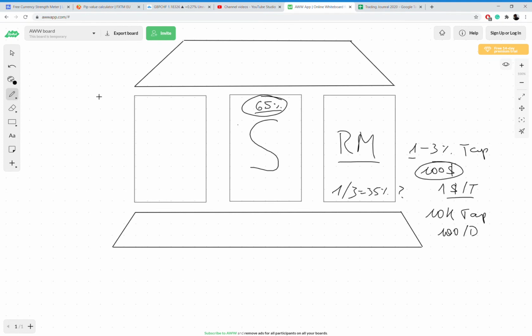And then if you look at the next part, you have the risk to reward ratio. How much do you need? It's also according to your strategy. If you have a strategy that is short term, then you usually use a 1:1 risk to reward ratio. If you're a swing trader, the probability is high that you can win with a 1:2 risk to reward ratio. That means you lose $100, but you can win $200 with that one particular trade.